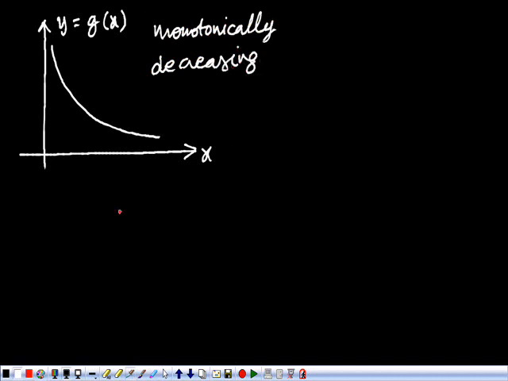Why is it monotonically decreasing? For example, this is some x1 and this is x2. g of x1 is greater than g of x2 if x1 is less than x2. Then the function is said to be monotonically decreasing.